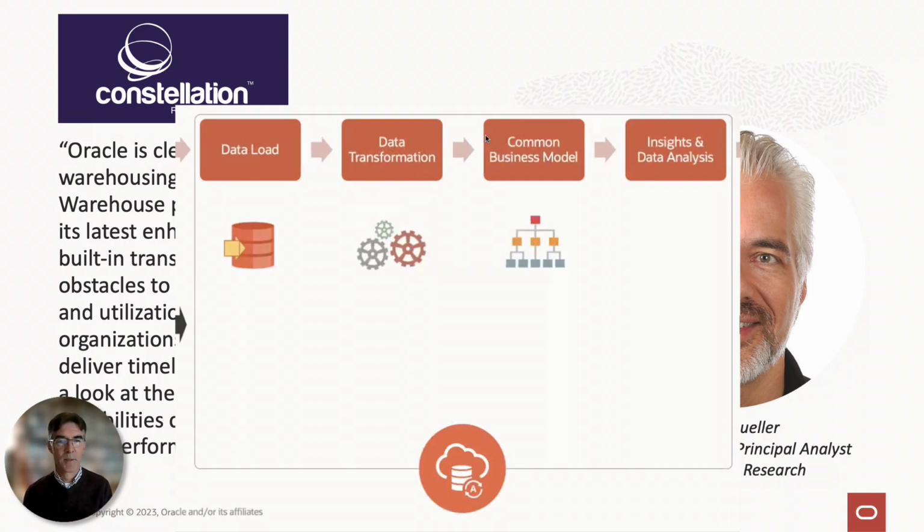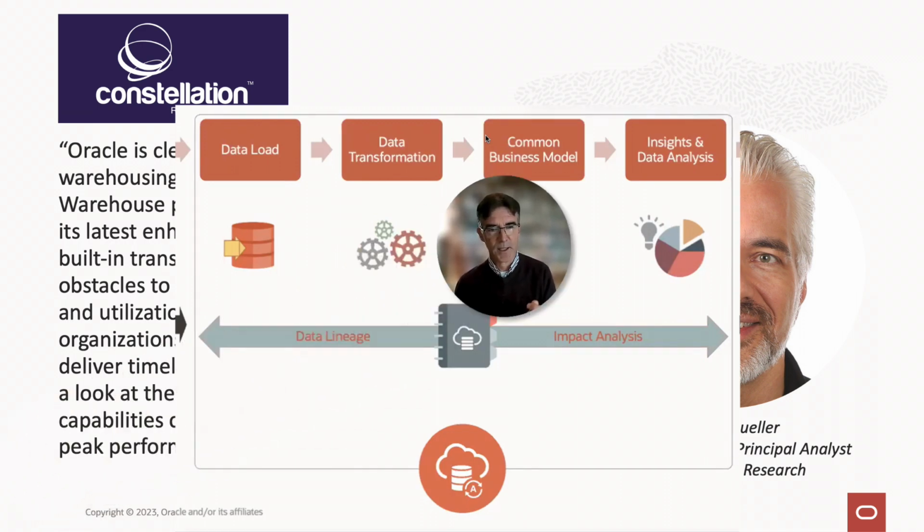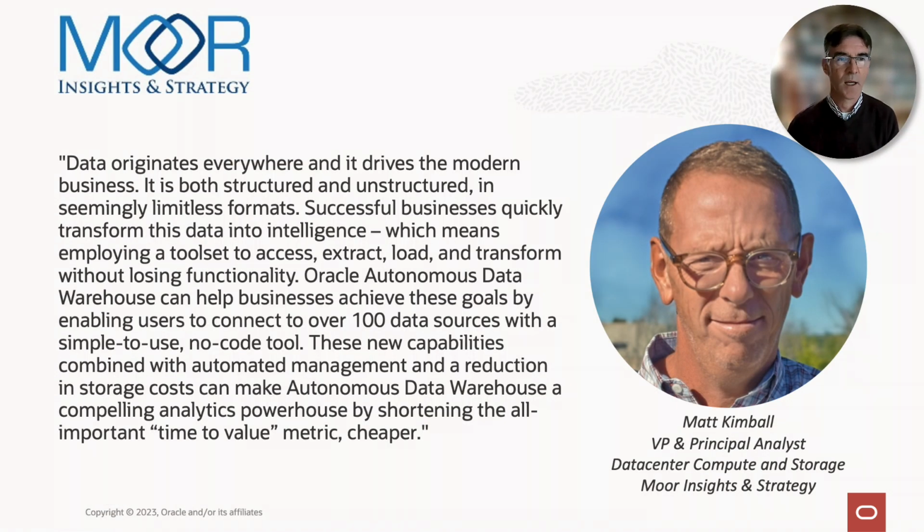There's one for building a common business model, for deriving insights and doing data analysis. And it all is underpinned by an integrated data catalog, which provides clear views of lineage of data and impact analysis.